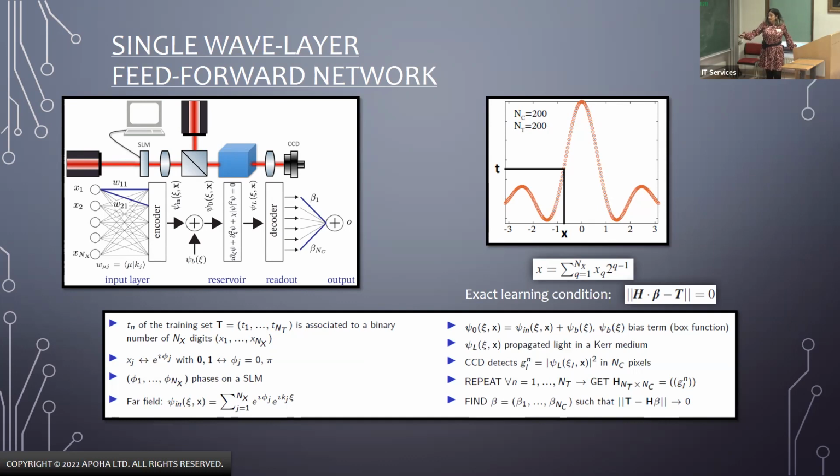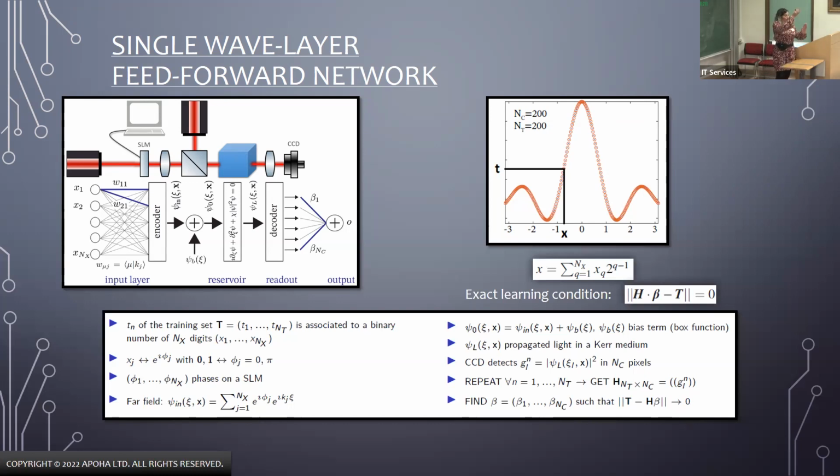After that, propagation in the far field, as I told you, this means that we have a bunch of pixels propagated, so a bunch of rect functions propagating, which means that we actually get plane waves.